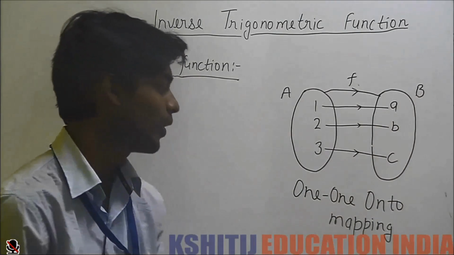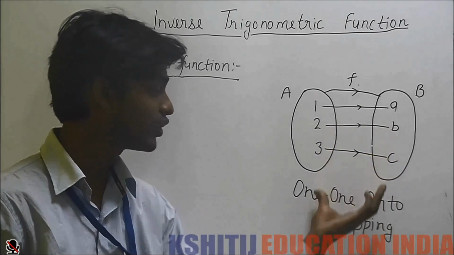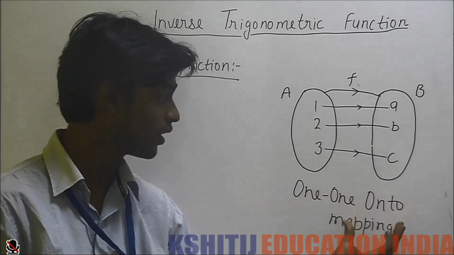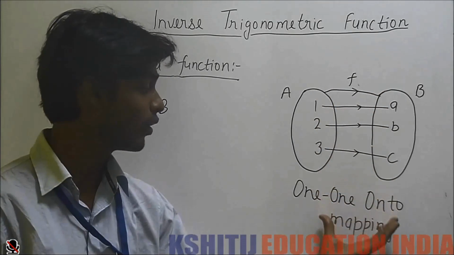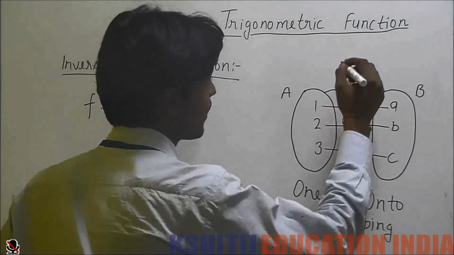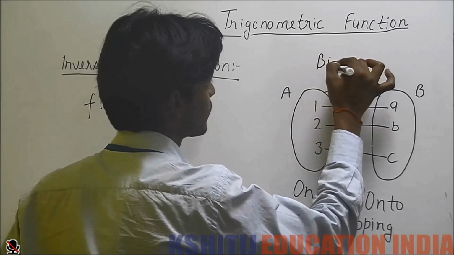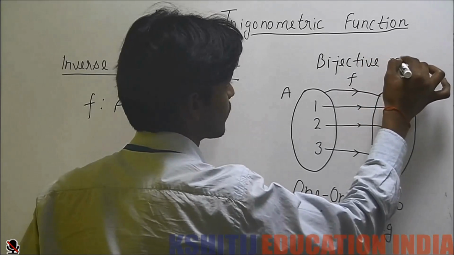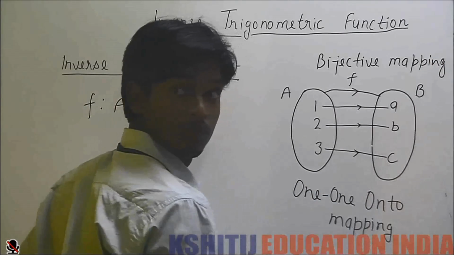So the given function satisfies the conditions of a 1-1 function and an onto function, so we can say it is a 1-1 onto mapping, or a bijective mapping.